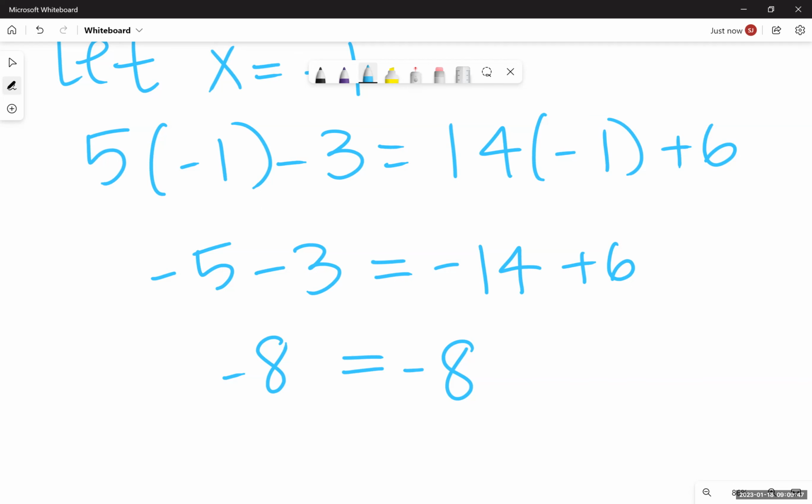This is a -5, and then I'm combining it with a -3. If you just do -5 -3, it tells you there's an error. But if you do -5 and then I'm going to add a -3, you get that -8. That makes sense? The right-hand side, you can do -14 plus 6.